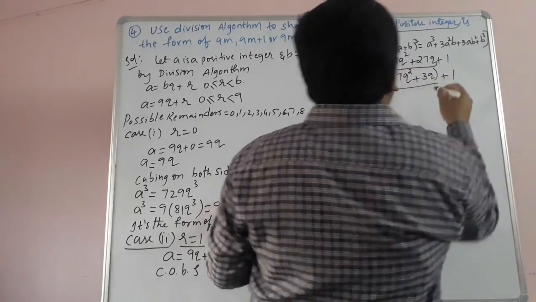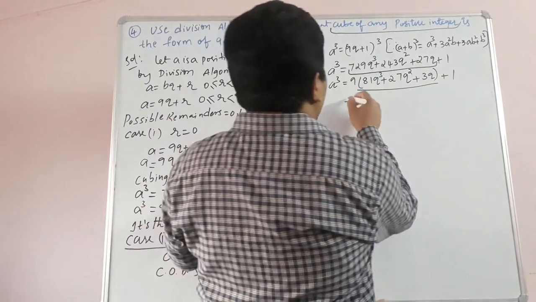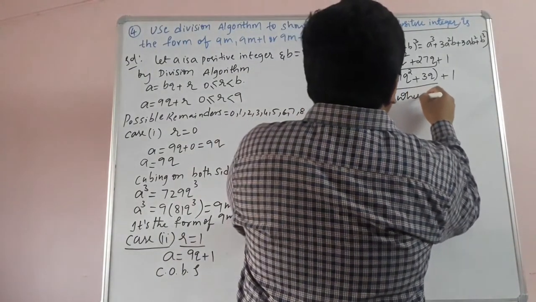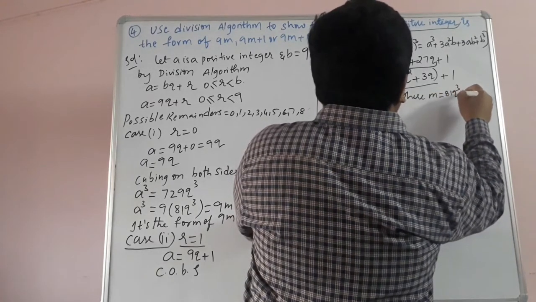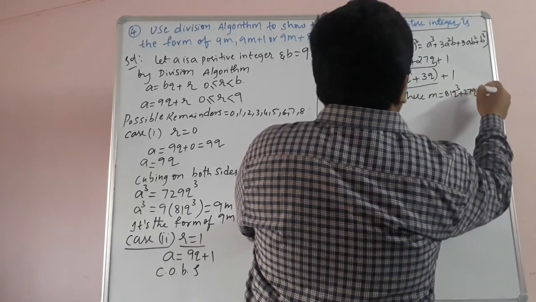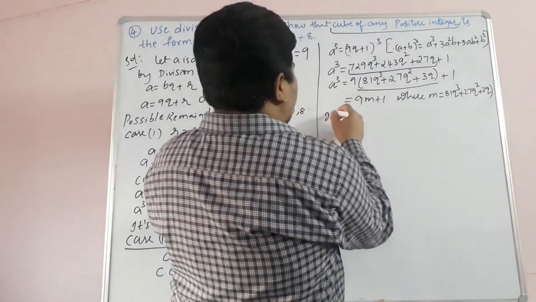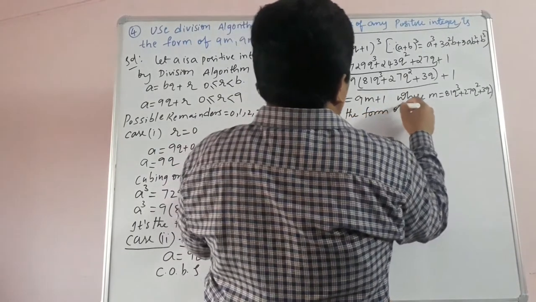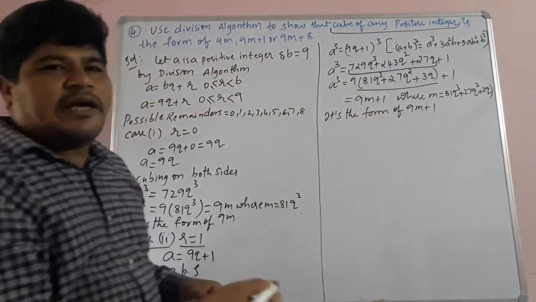So children, 9 into something plus 1, no? It's a 9 multiple plus 1. So it's in the form of 9m plus 1, where m is equal to 81q cube plus 27q square plus 3q. It's of the form 9m plus 1.